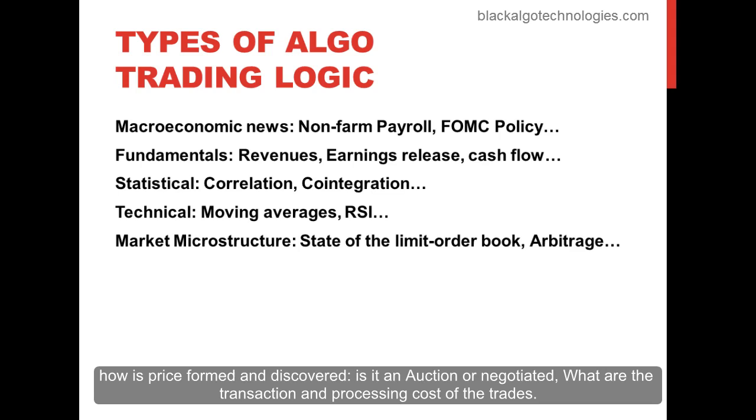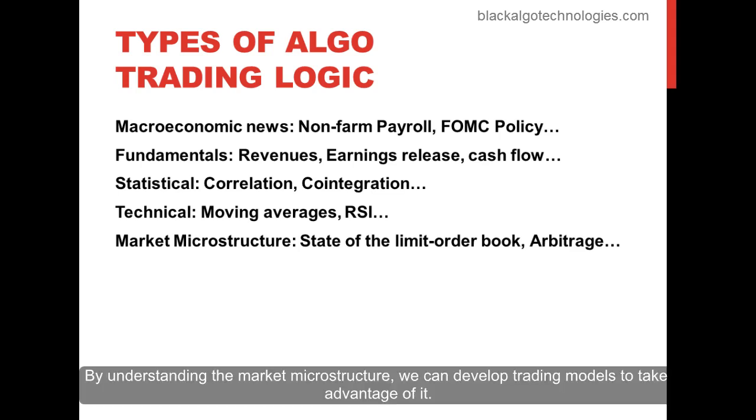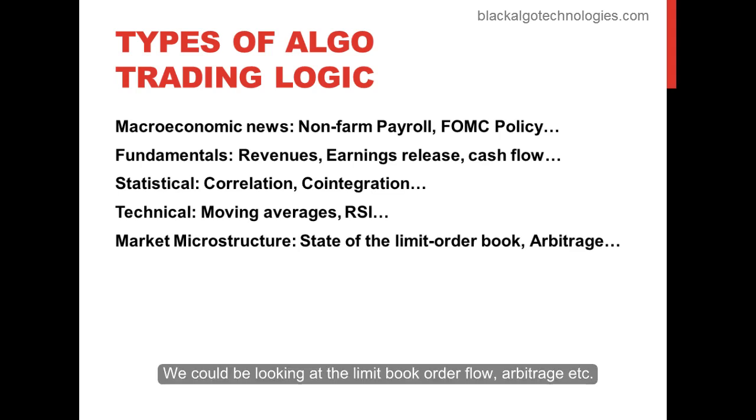Is it auctioned? Is it negotiated? What are the transaction and processing costs of the trades? And what is the transparency of the market information? By understanding the market microstructure, we can develop trading models to take advantage of it. We could be looking at the limit order book, order flow, arbitrage, etc.